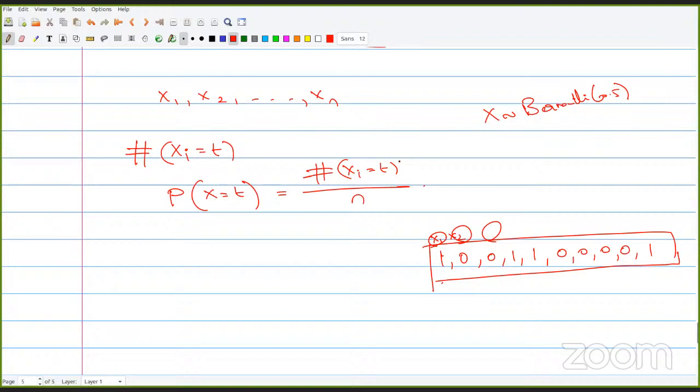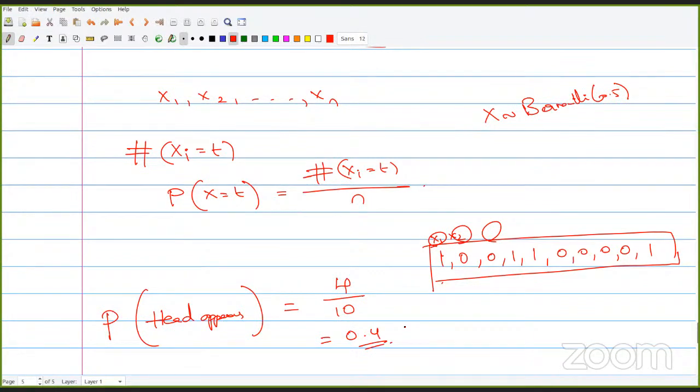I just wanted to compute the probability of head. When I say the number of times xi equals t, t is fixed for me. Here t equals 1. What I'm checking is the total number of random variables that take the value 1, which here is 4, so it is 4 by 10. The probability that head appears is 0.4.